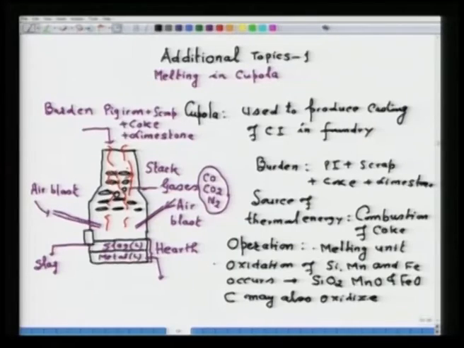As a result of oxidation of carbon, the carbon may become lower, but because the coke is there, whatever amount of carbon is oxidized gets absorbed again from the coke, and we get to the specification.